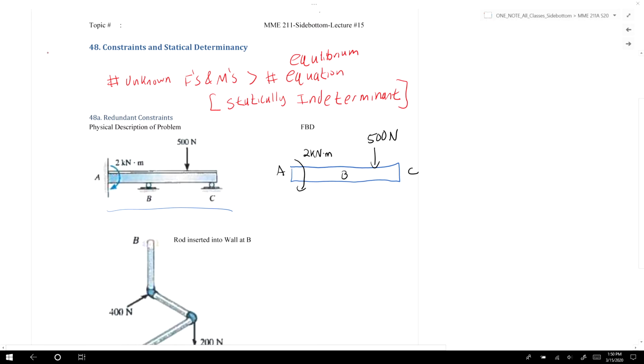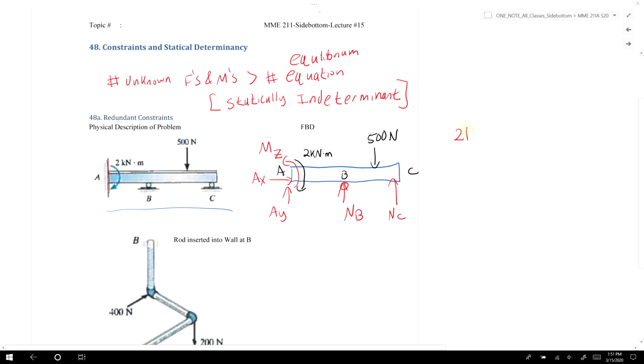For a 2D case, we have a fixed connection at A, so we'll have a force in the x direction, a force in the y direction, and a moment along the z-axis. At B, since we have a normal roller, we have a normal reaction at B, and at C we have another roller, so this is N_C.